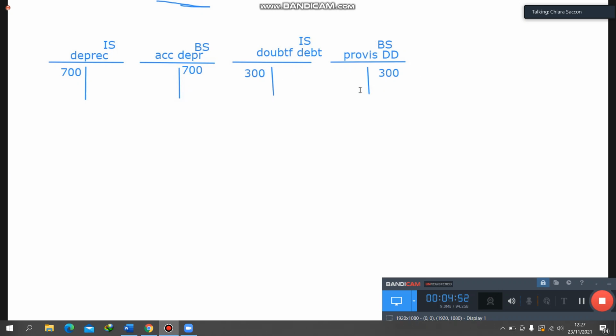Now, the last one, I explained it yesterday, I repeat it here. The adjustment for taxes. So we expect to pay taxes related to this year, but we will pay them next year, but they are a cost and expense of this period, okay, because they're related to the profit of this period.